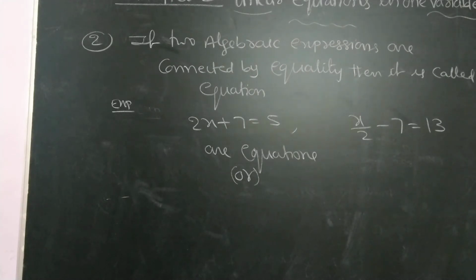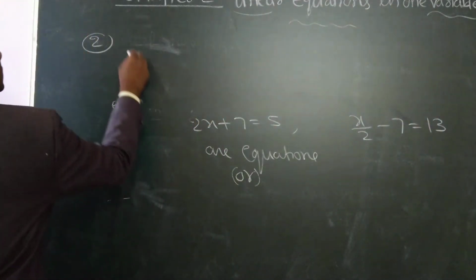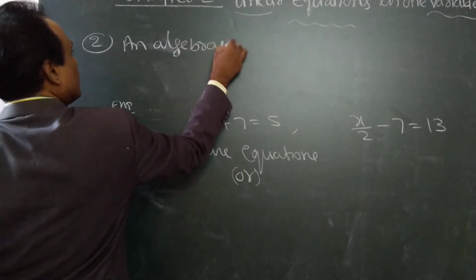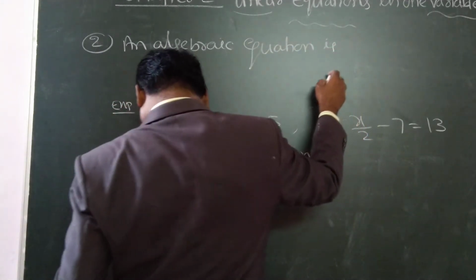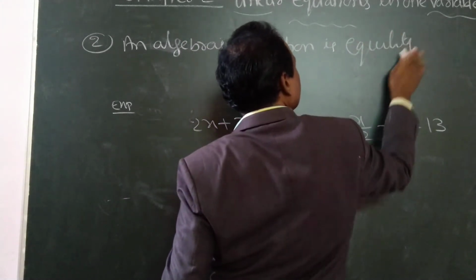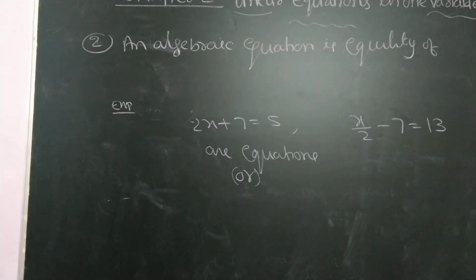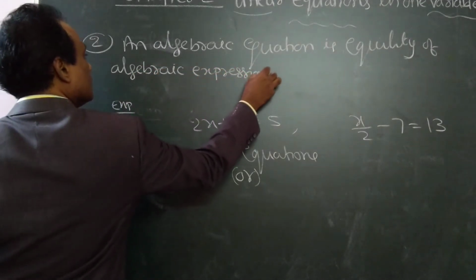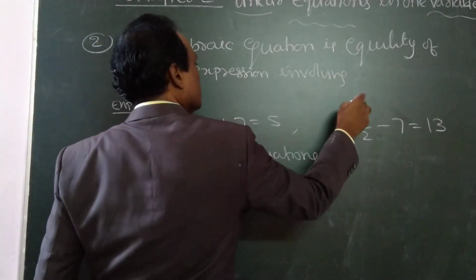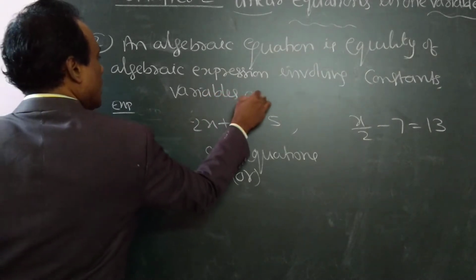An algebraic equation is equality of algebraic expressions involving constants, variables and coefficients.